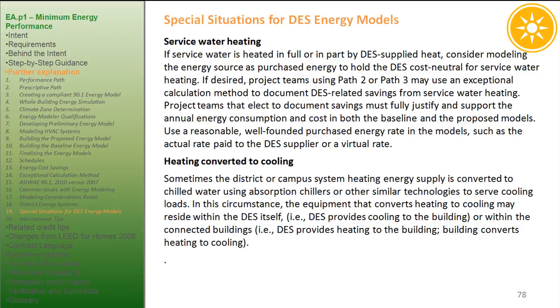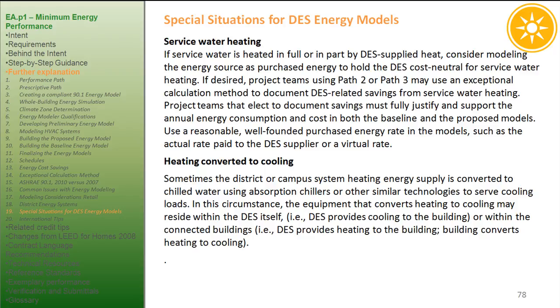Special situations for DES energy models. Service water heating. If service water is heated in full or in part by DES supplied heat, consider modeling the energy source as purchased energy to hold the DES cost neutral for service water heating. If desired, project teams using Path 2 or Path 3 may use an exceptional calculation method to document DES-related savings from service water heating.